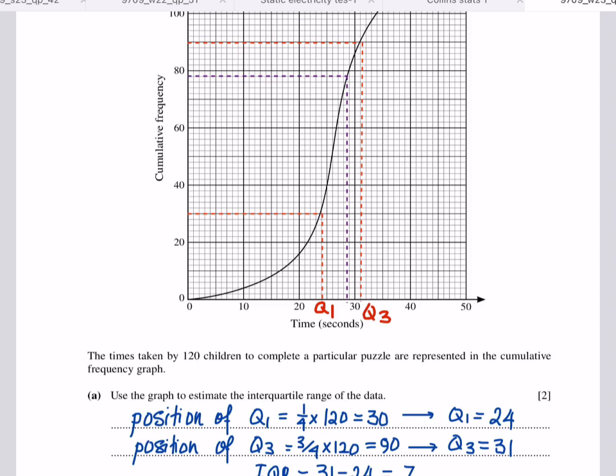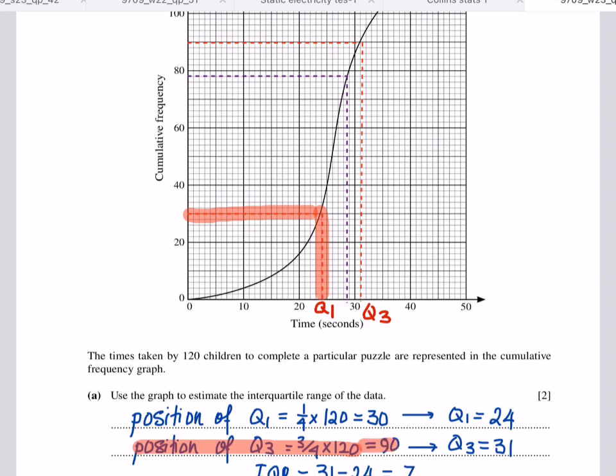So we need to find the position of Q1, which is 1/4 times 120 is equal to 30. So from the graph, we can find Q1. Q1 is 24. And then after that, we need to find the position of Q3. 3/4 times 120.